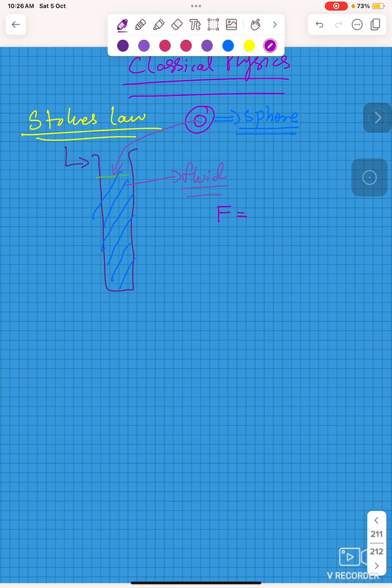F, that force, will depend on something known as the inner property of every fluid, this symbol, which is known as viscosity, plus the radius of the sphere, r, and the speed at which it's moving, the velocity.